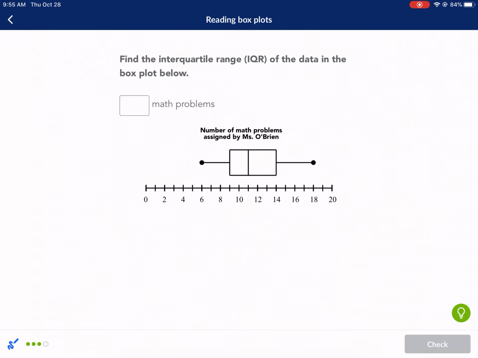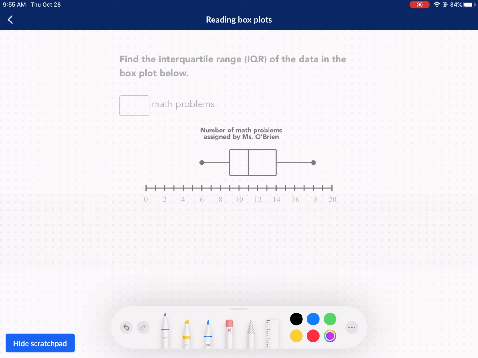And we're on to our last question. Find the interquartile range of the data in the box plot below. We know the interquartile range can be found in this 50% box. 50% of the data lies in this box, and it's between Q3, which is always on the right side of the box, and Q1, which is always on the left side of the box. So Q3 minus Q1 is going to be our interquartile range, IQR.